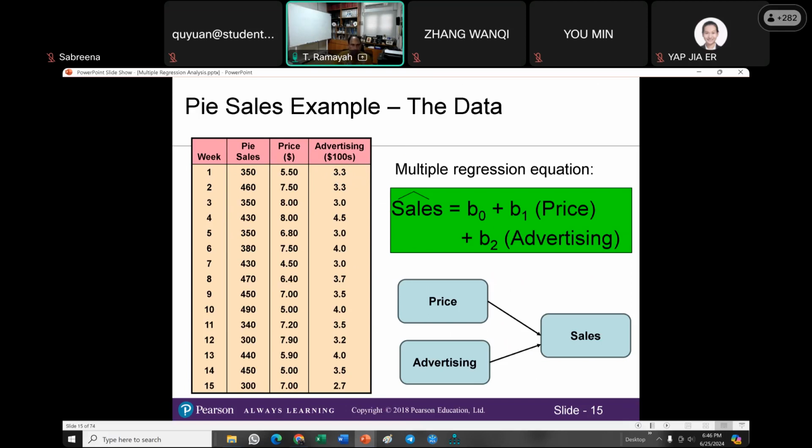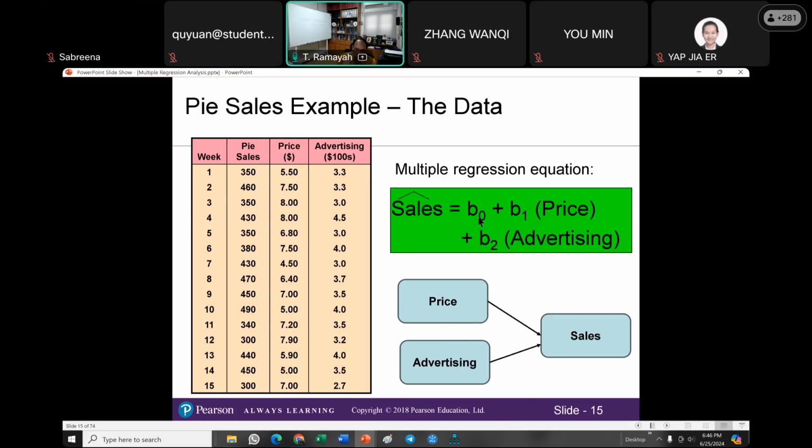So we have 1 dependent variable, 2 independent variables. Okay, so when you want to write an equation for multiple regression, we have the sales, which is your pie sales, equals beta 0, your intercept, plus beta 1 price, the first variable, right? Beta 1 is the slope coefficient for price. Beta 2 is the slope coefficient for advertising.